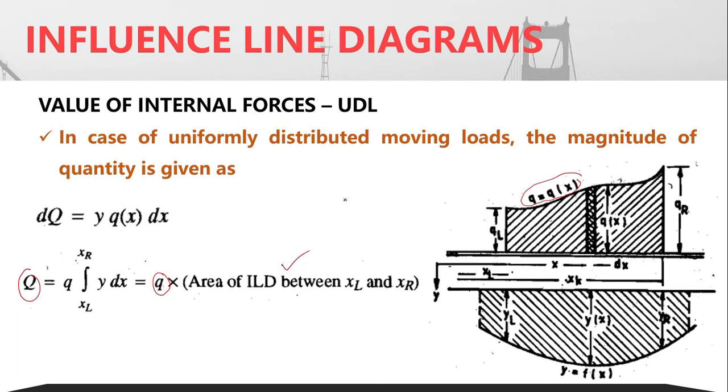So if you have a simply supported structure with a uniformly distributed load and I want to find the maximum value of, say, RA here, I multiply this load intensity Q and the area of the graph between these two points. The same concept is explained here for a UDL that is varying with distance x. It is not a perfect UDL, but it varies with distance x.